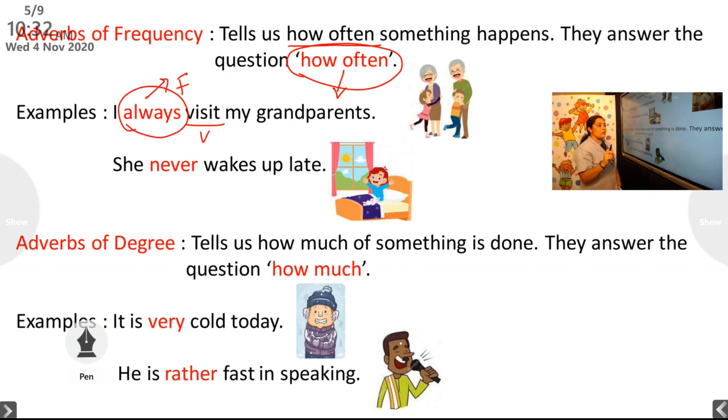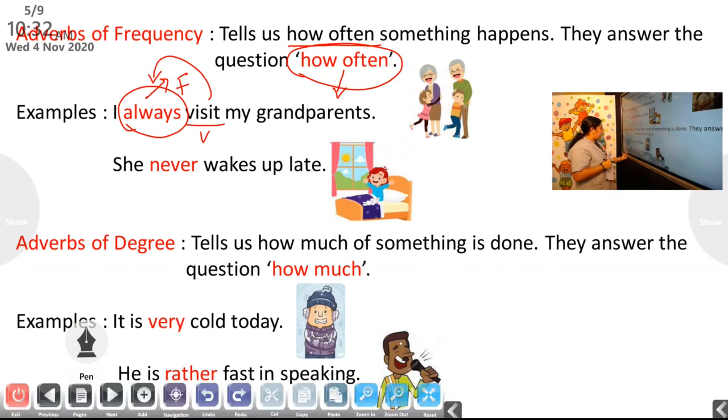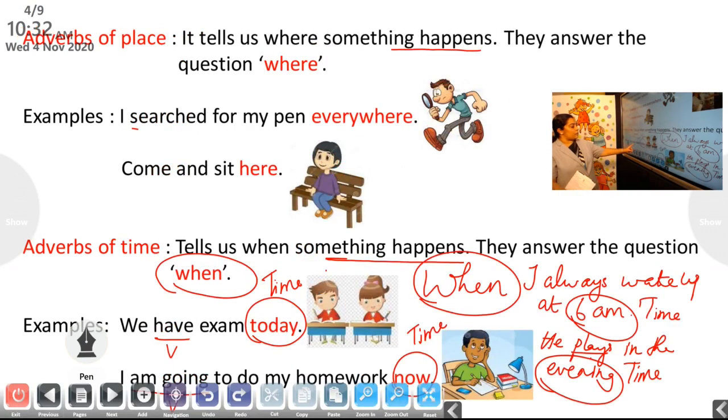And shall I give you a small clue how to find out adverb of frequency? Most of the adverbs of frequency will come before a verb. Now if you have noticed adverbs of time, they are coming after the verb.